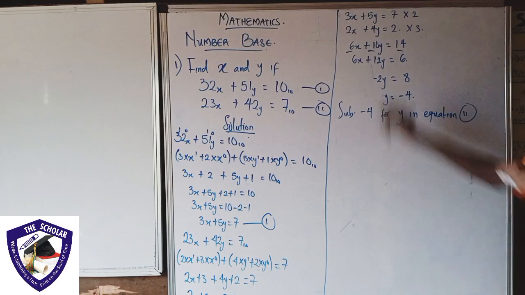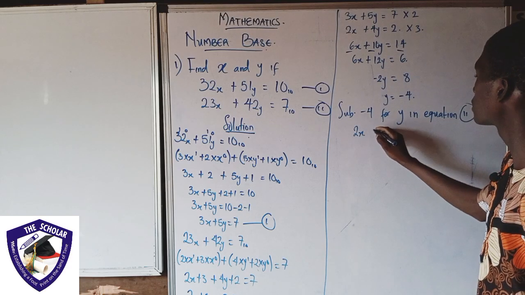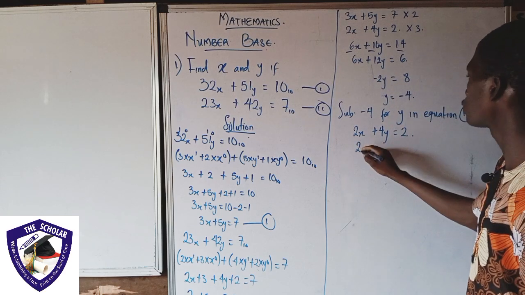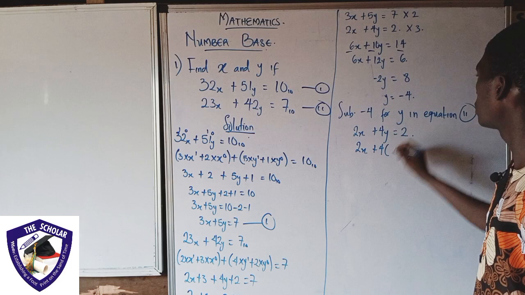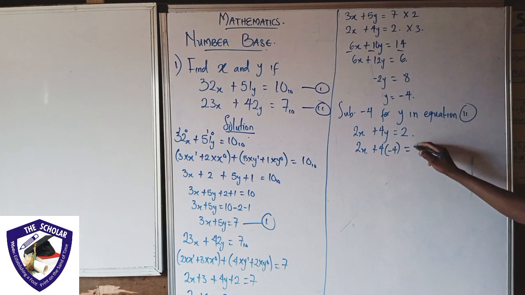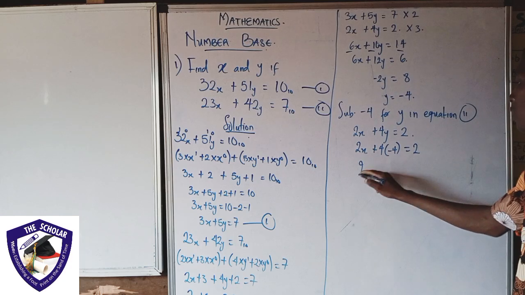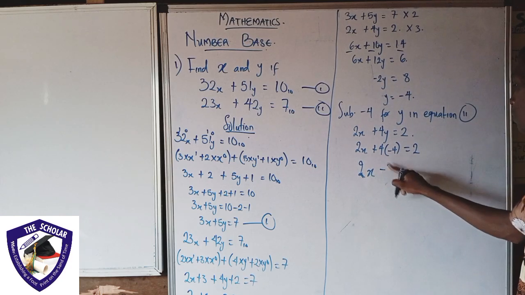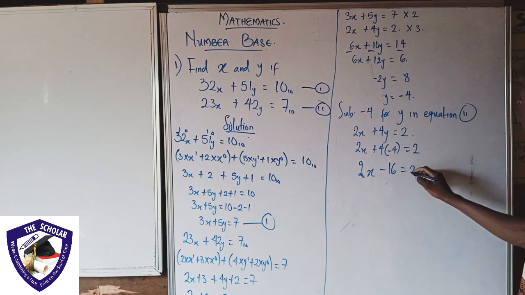So I have my equation 2 to be 2x plus 4y equals 2. So I have my 2x plus 4, my y is minus 4, then I equate it to 2. So that I will have my 2x minus 16 equals 2.